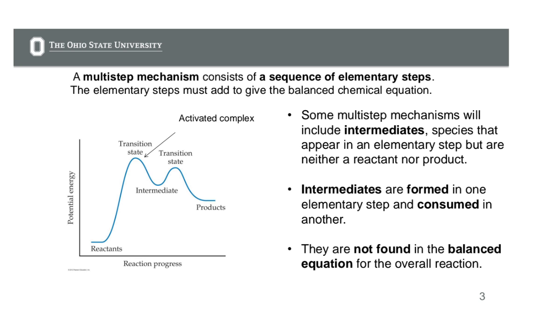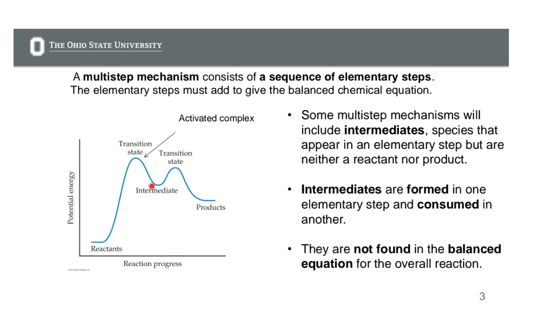From our reactant, we will climb the first hill, go over the transition state. Remember, we have that activated complex at the top of the hill. And we go and form an intermediate. An intermediate is a species that we don't actually write in our balanced chemical equation. So we wouldn't know that it was there, and sometimes in reality we don't actually know that they're there until we do more experiments.